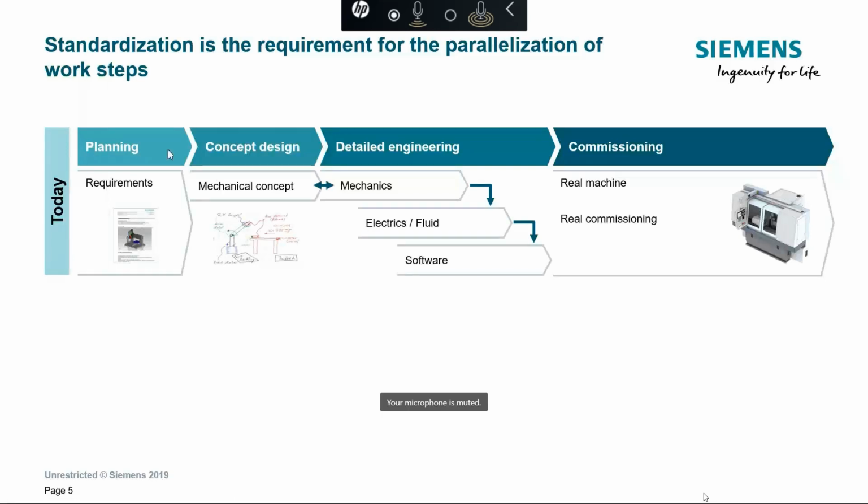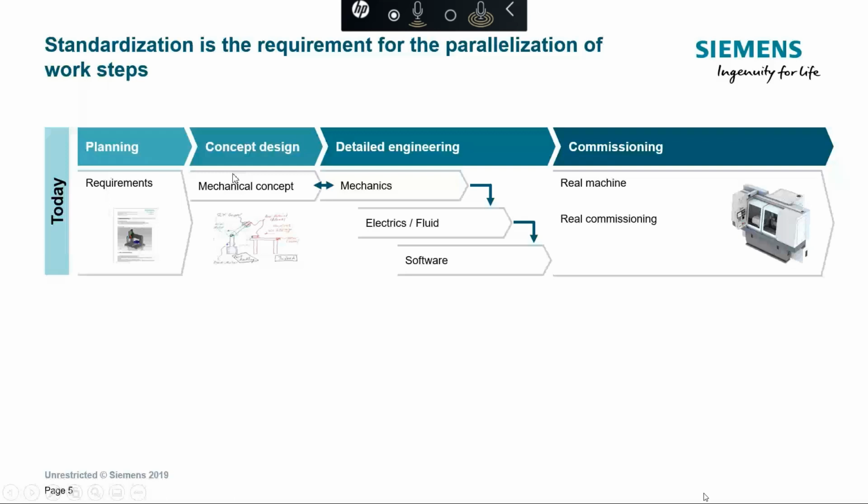The same is applicable for parallelization of different work processes. Just as an example, if I am a machine manufacturer and I have a concept developed from a set of requirements, before this finally ends up in a real machine and the completion of commissioning, it has to go through different steps in between, the engineering phase.